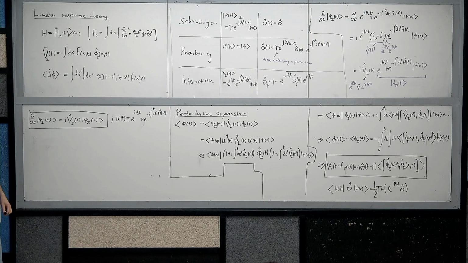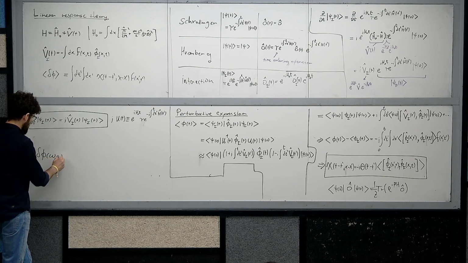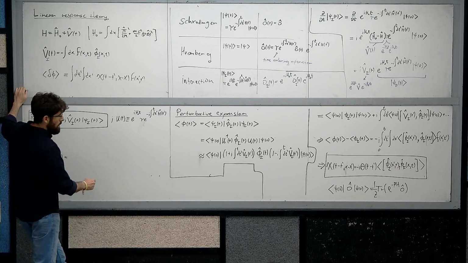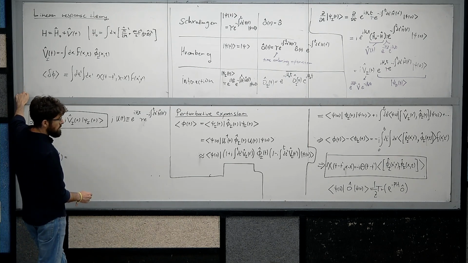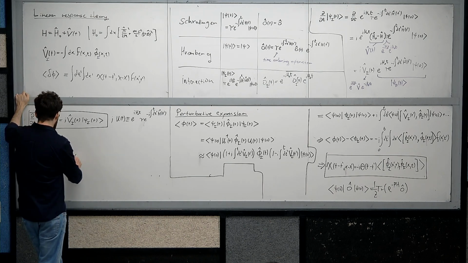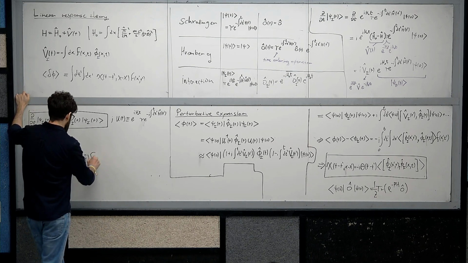From the convolution theorem, delta phi of omega at q is just going to be this chi of omega and q times f tilde of omega.